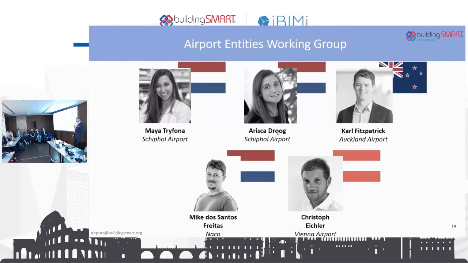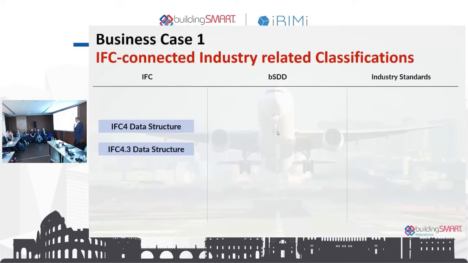And we worked very intensively on a project called Entity Project. This was led by Ariska and by Maya, sitting there by the window. The purpose of this business case was to create an extension, or we are not allowed to call it extension anymore, an amendment of IFC for airport-related entities or airport-related declarations.